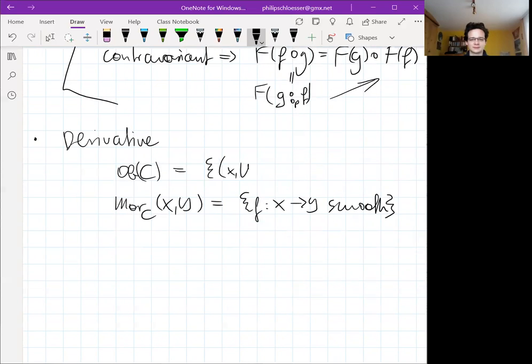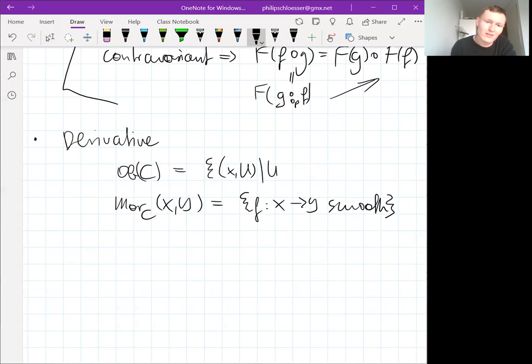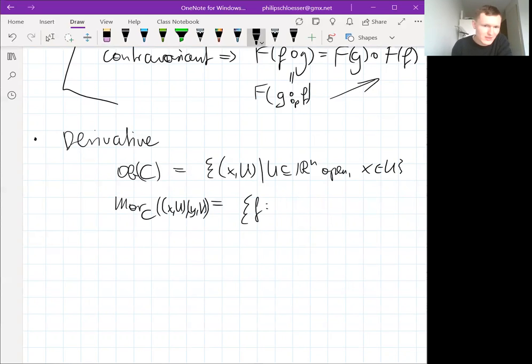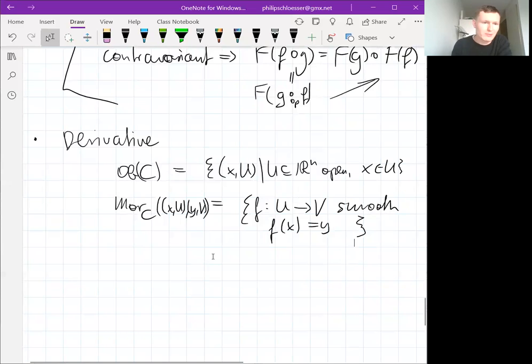They are pairs where U is an open subset of some R^n and x is an element of U. And then the morphisms from (x, U) to (y, V) are the set of smooth maps from U to V that map x to y. So in a more general setting, you would call these things pointed manifolds.